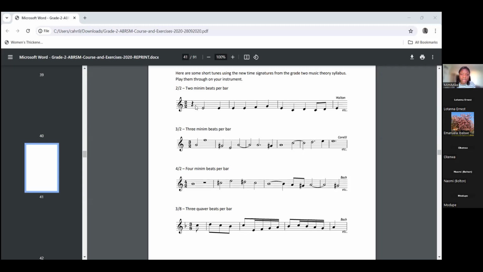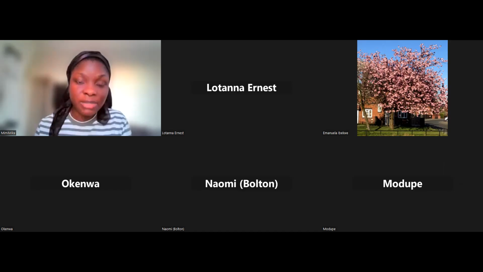Or you can be given a stave with notes without a time signature, and be asked what the time signature is. So we're going to be looking at some of those questions. If it permits me, I would stop sharing again and share another one.